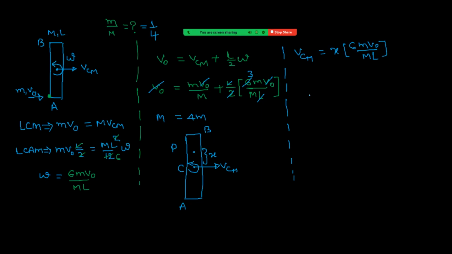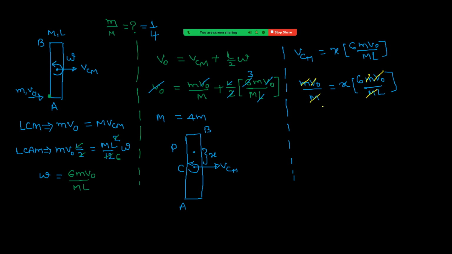VCM. See how much VCM? It is m v naught upon capital M, that is equal to x into 6 m v naught by ml. Right? Now remains just the calculation part. Then see what we get. M v naught gets cancelled.